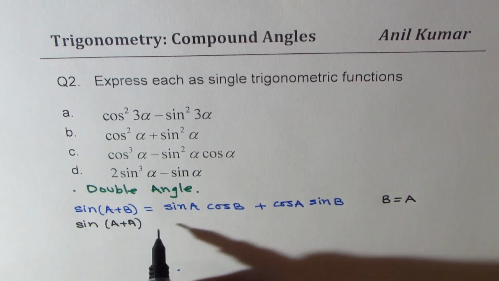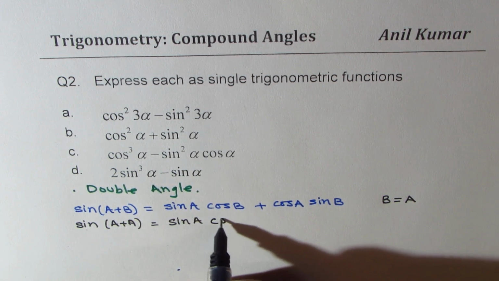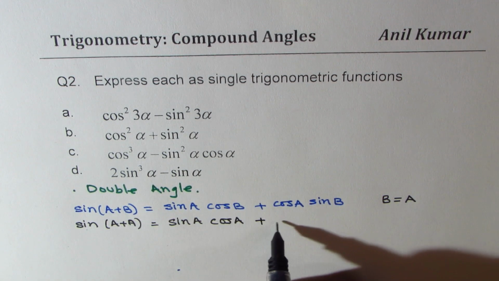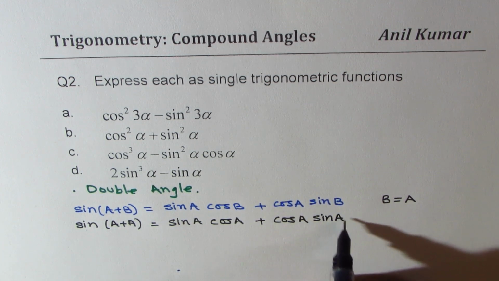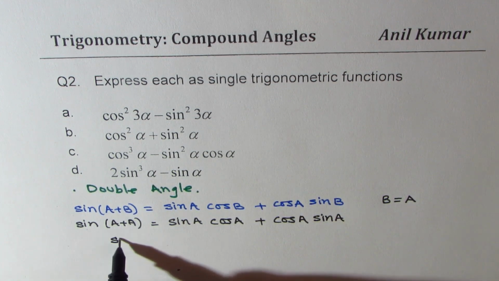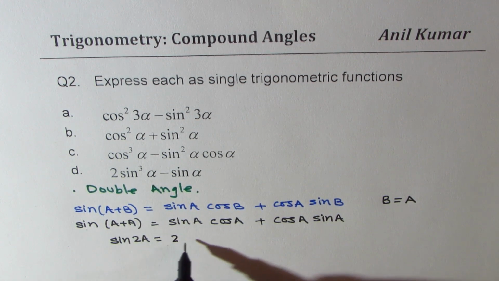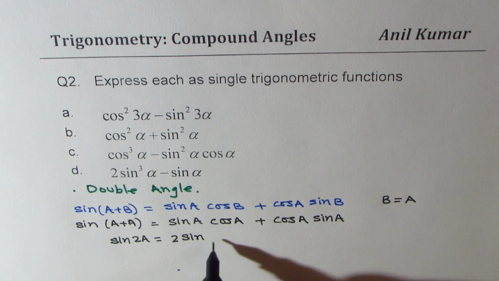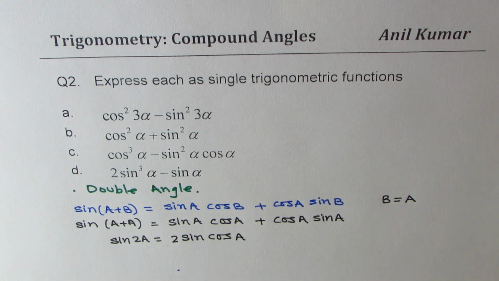B becomes A. And on this side, we get sine A cos A plus cos A sin A, perfect? And that means sine of 2A is equal to 2 times sine A cos A. So we get a double angle formula for sine. Do you see that part?